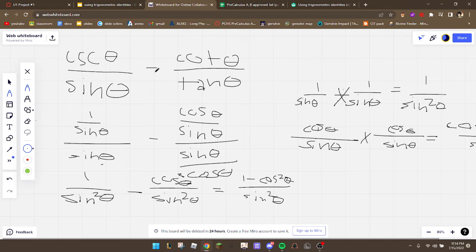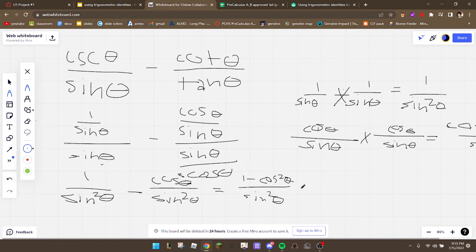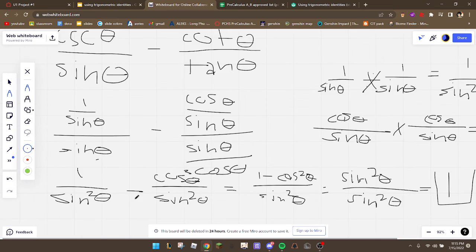So this is when we can actually use our Pythagorean identity. 1 subtract cosine squared theta equals sine squared theta. And since we have sine squared theta on the bottom too, that would just equal 1. So that's our final answer.